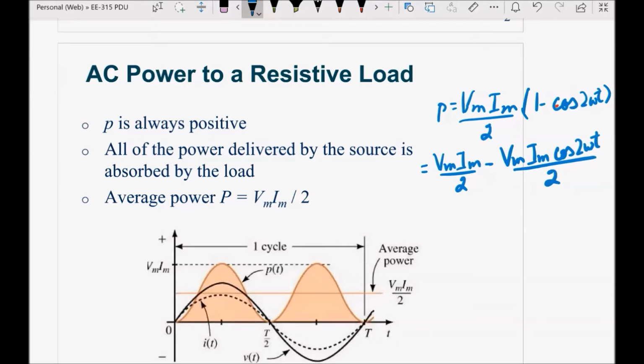So to calculate the average power, we have to take the integral over a complete cycle.